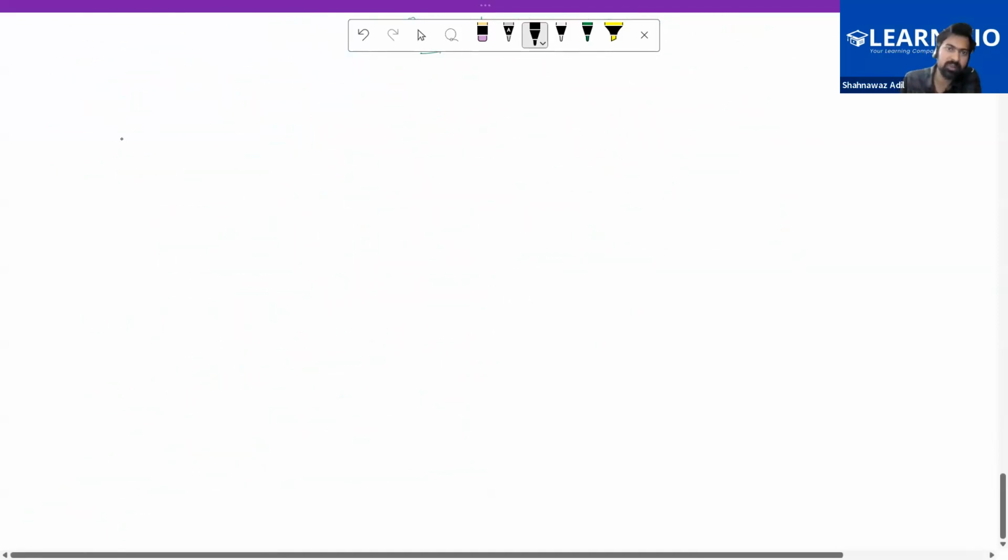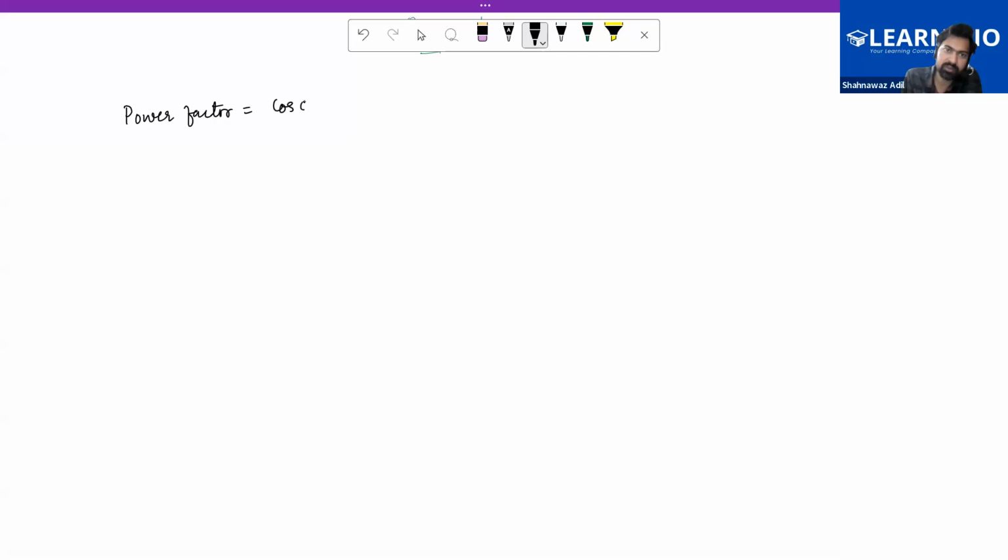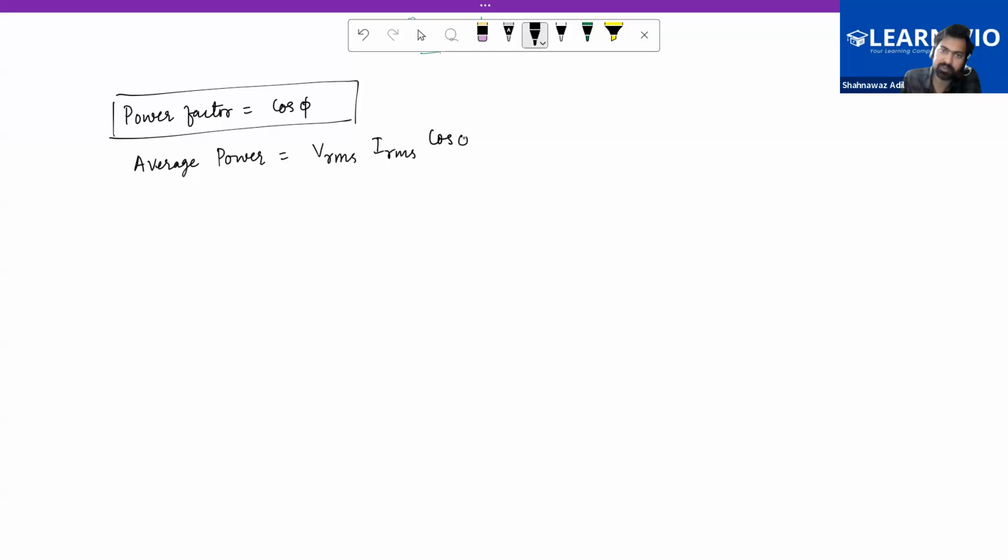The important parameters are what? We have the power factor, which is cos phi. And then we write the average power in the LCR circuit, which is written as VRMS, IRMS, and cos phi.